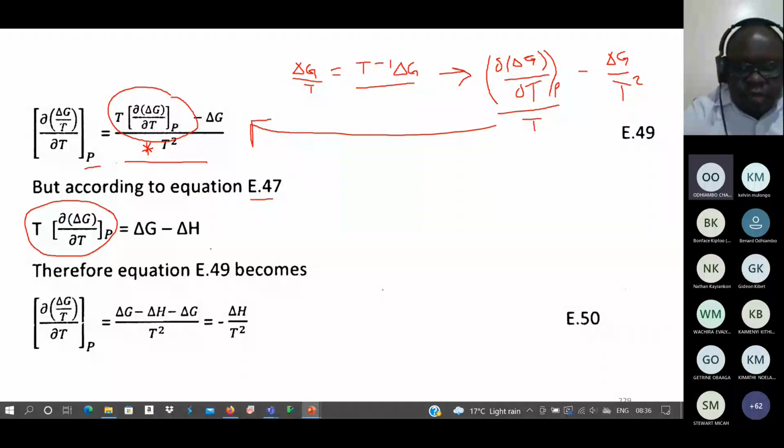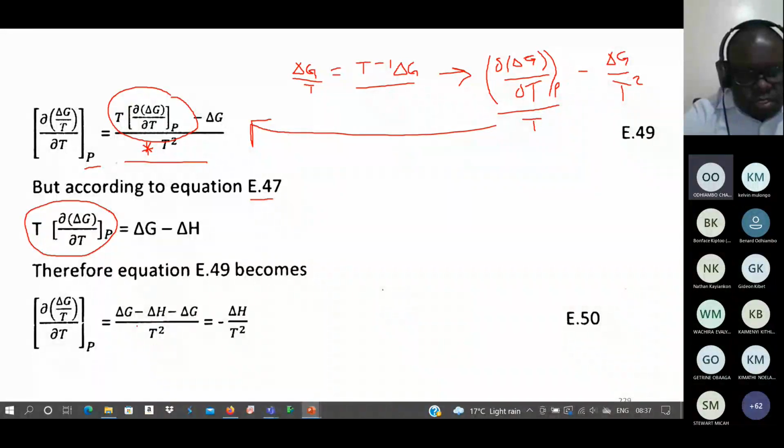If you do that, then that E49 becomes change in delta G over T with temperature at constant P equals delta G minus delta H minus delta G over T squared.